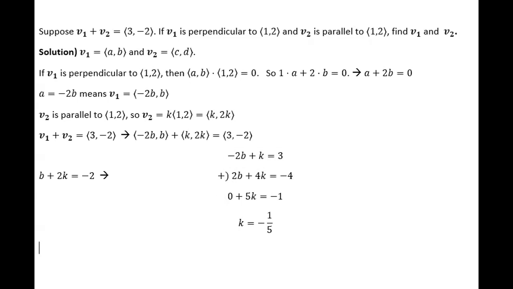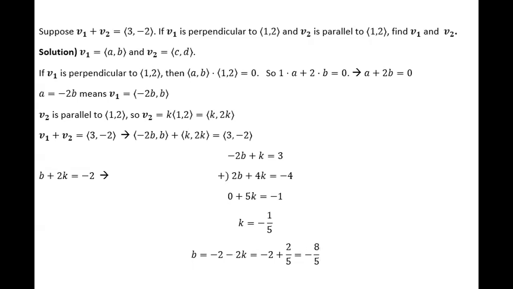Okay, now in order to find B, we know that B is negative 2 minus 2k. That's from right here. So that's going to be negative 2 plus 2/5, which is negative 10 over 5 plus 2/5, negative 8 over 5. So there you have it.